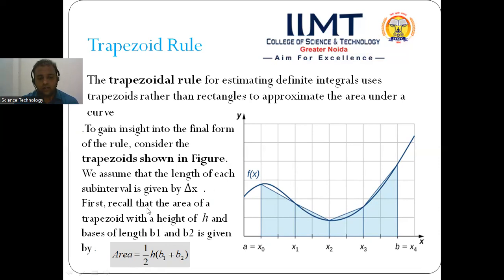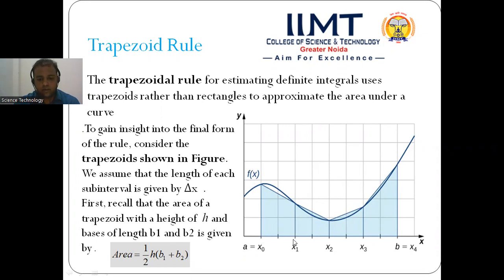We assume that the length of each subinterval is given by delta x. So we are discussing the trapezoidal rule with equal intervals, where we divide the partition into equal-length subintervals.